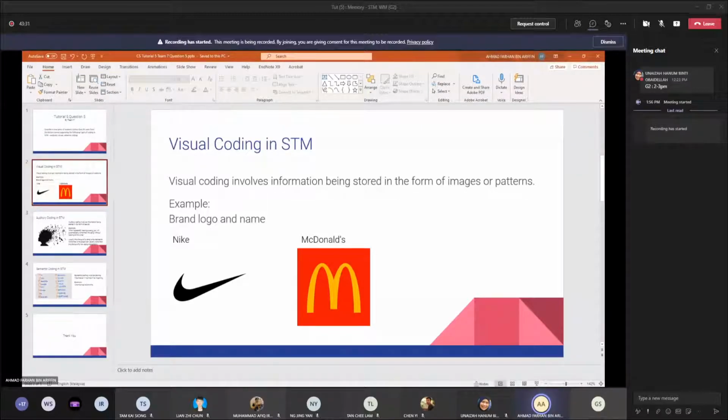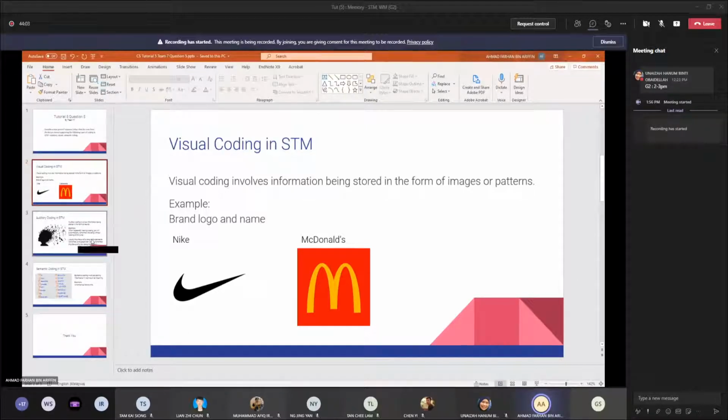We usually relate what we see to logos that we know. For example, Nike: if we see a tick logo anywhere, we will immediately imagine that this relates to Nike. Or when we see a small letter M, we will imagine McDonald's.